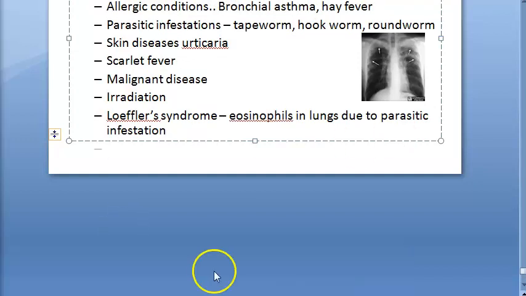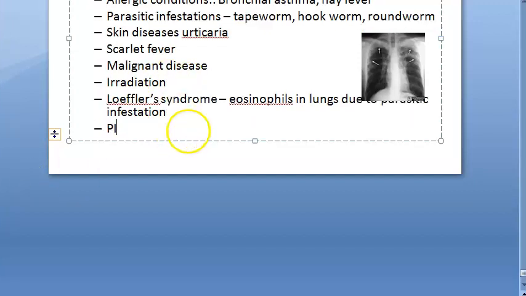Other causes: pulmonary infiltration with eosinophilia, PIE syndrome, which is the same thing.